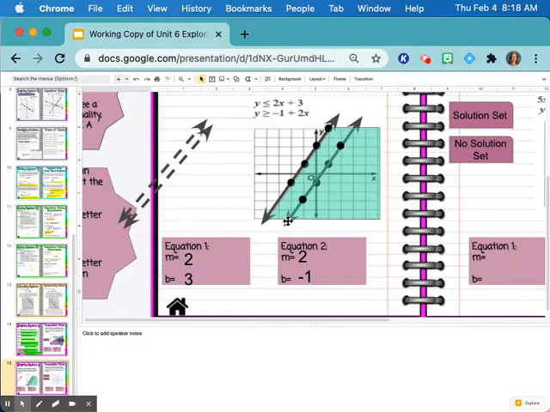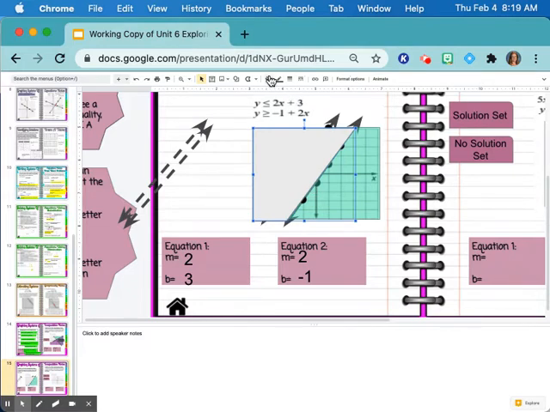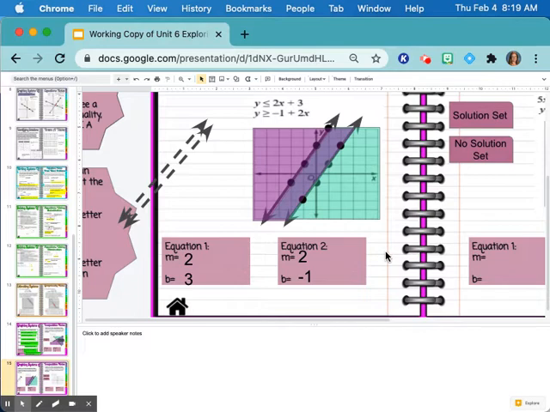So here's the line. To shade above, we would go on this side. And so our solution set is right here in between the two lines.